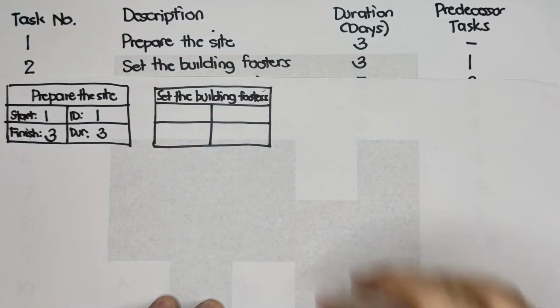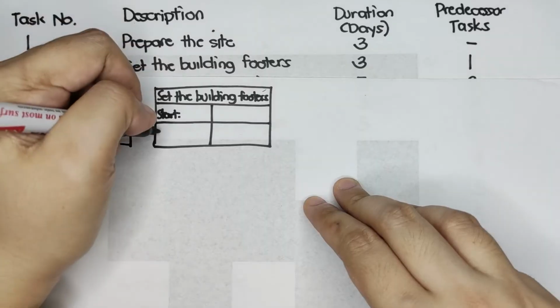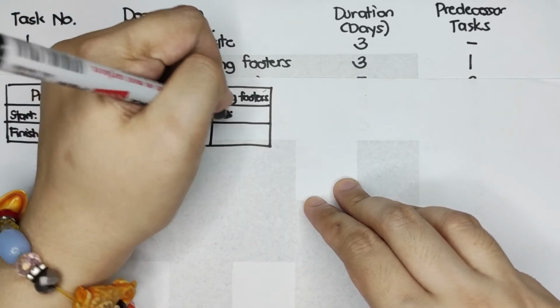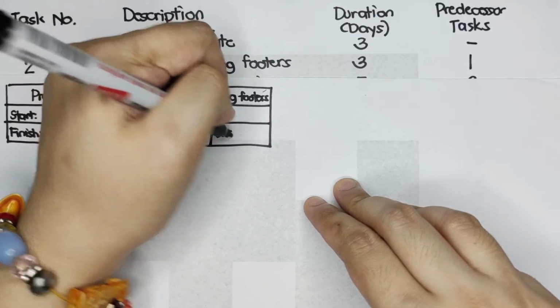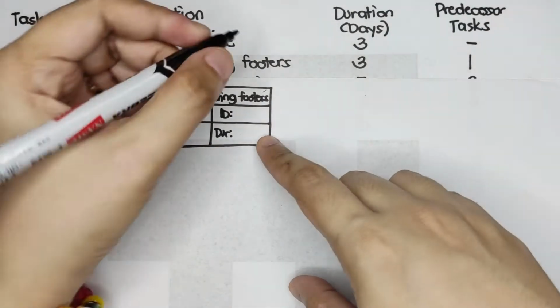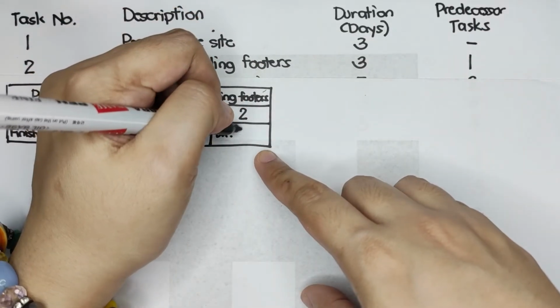Okay, so again, start day, finish, ID, and then the duration. This is task number 2, and the duration is 3.